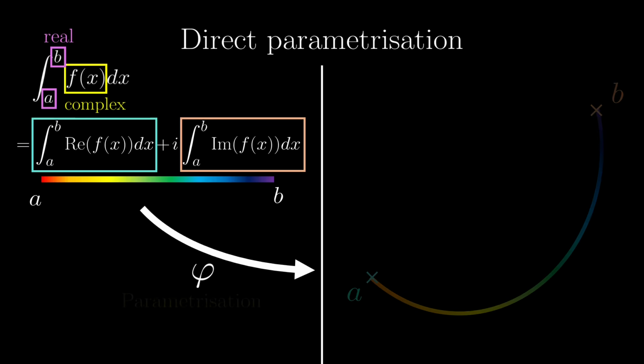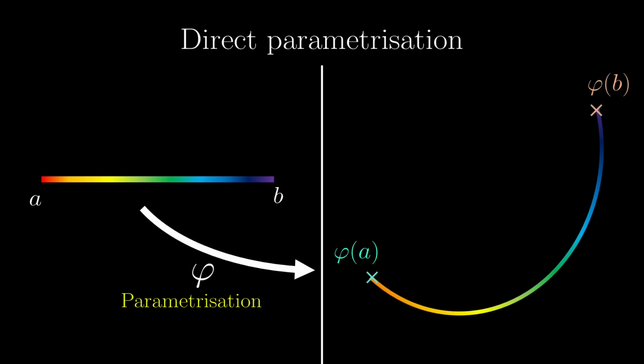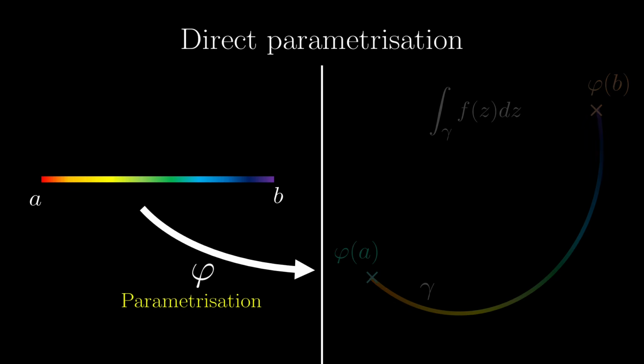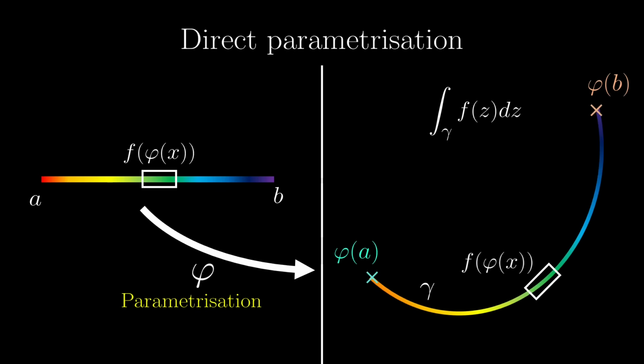The process of finding phi is parametrization, and so now the path is from phi of A to phi of B. We wanted to compute the integral of f of z dz along this contour gamma, and we now want to replicate it in the real setting. So for a given patch of the real world near a point x, we should associate it with f of phi of x, because after the phi transformation, this will be the corresponding function value at that point.